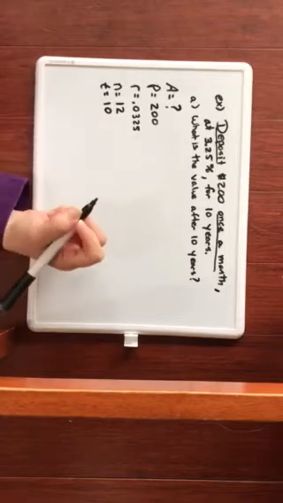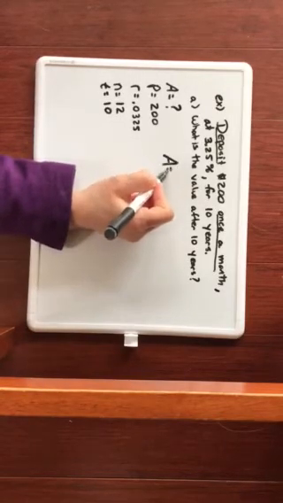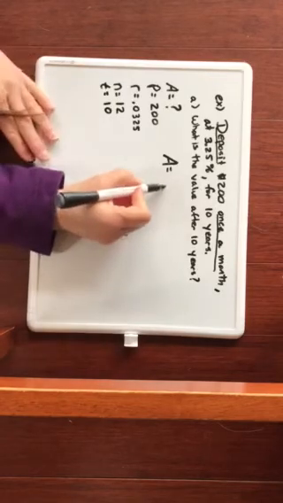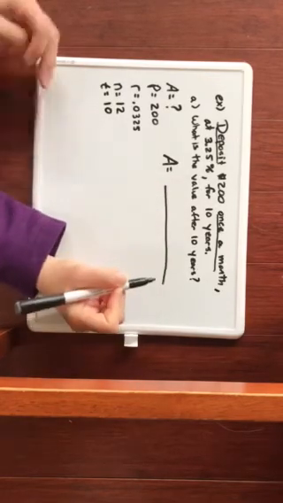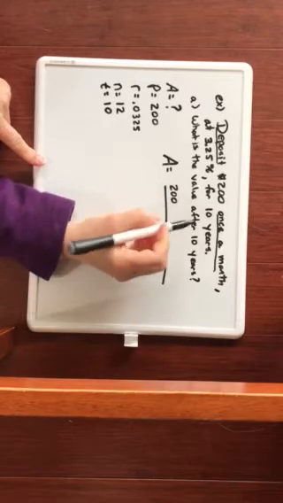Okay, so let's write up using our formula. We're looking for A. We put in our P into our formula that we wrote down.